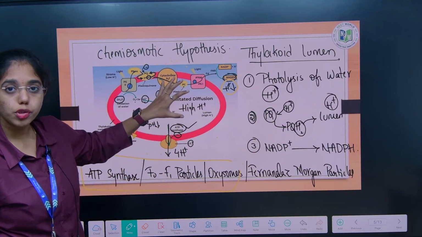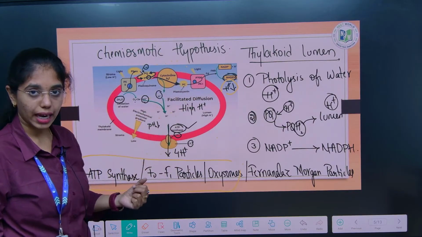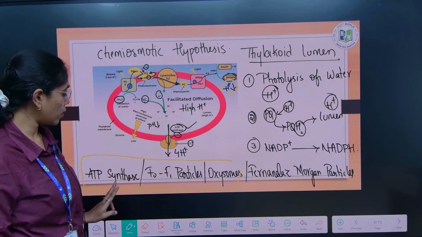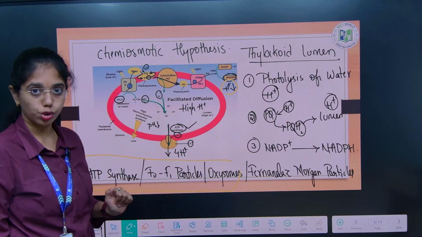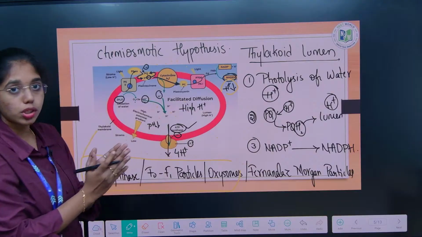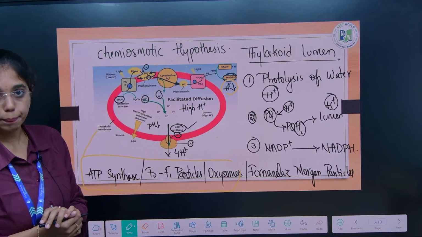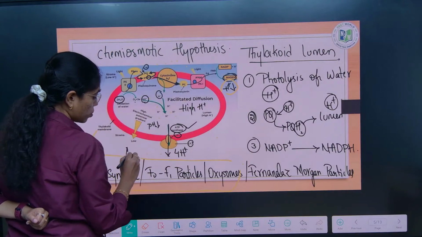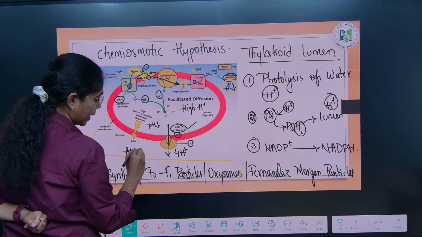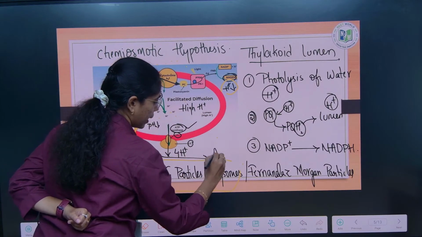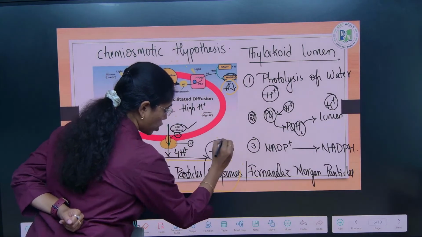So, because of this proton gradient, a channel is activated which is known as the F0, F1 channel, also known as ATP synthase or oxysomes. In a single run, how many protons are pumped? 4 protons are pumped. These 4 protons will phosphorylate ADP plus inorganic phosphate into ATP, adenosine triphosphate.